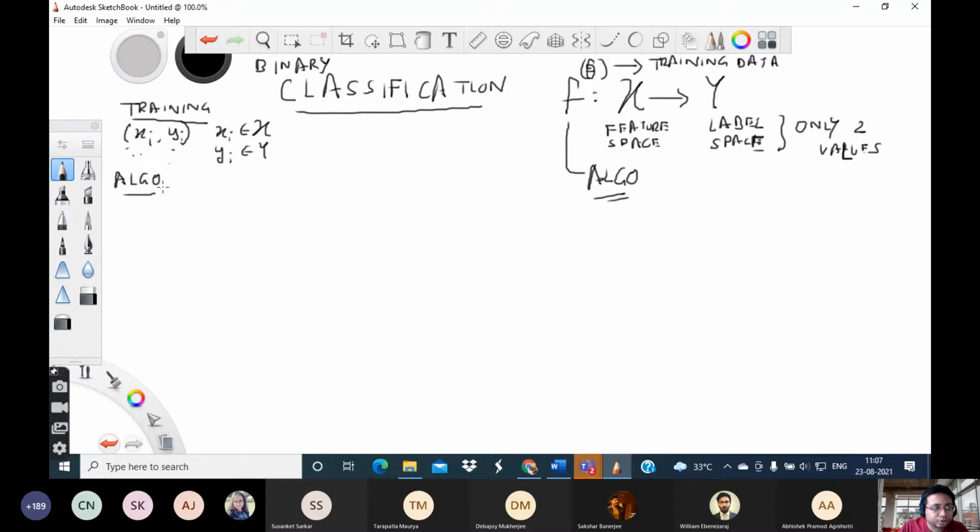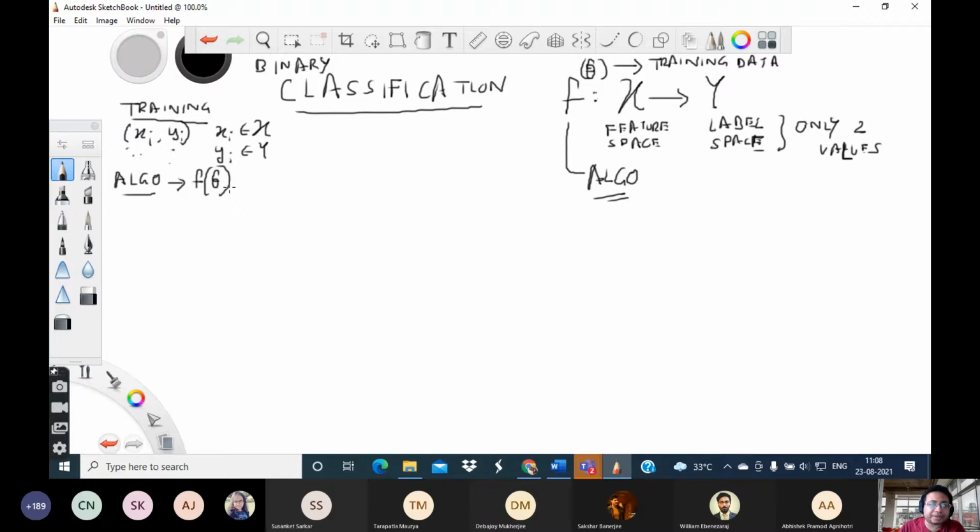What does the training algorithm do? It gives us a function f. Whatever algorithm we are using will fix the type of function to be used, but that function will have certain parameters, which we call theta.